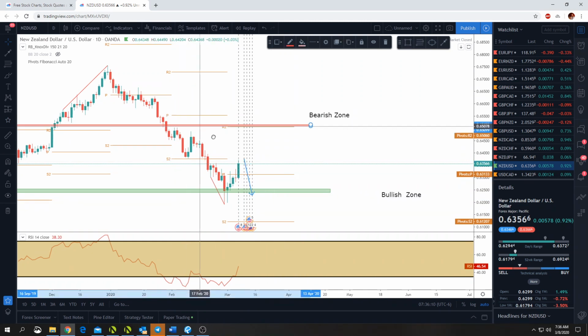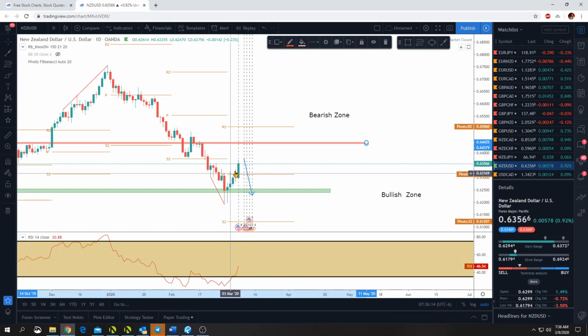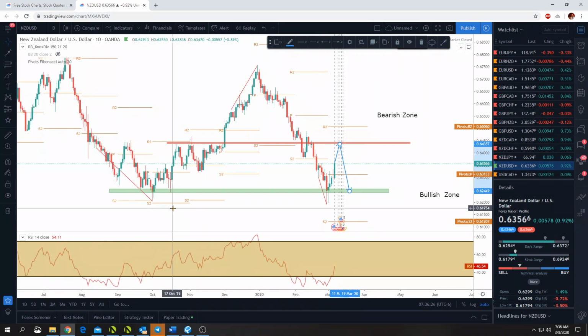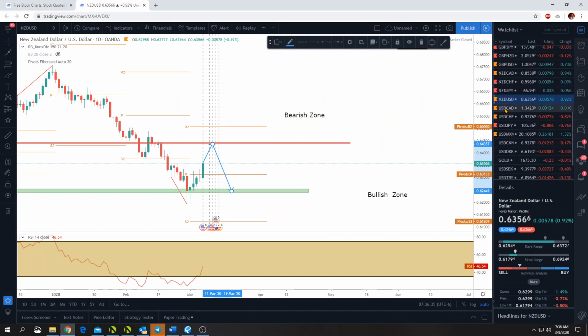So kind of like it here. Price continuing up from here. Let's see what we get at that level. Take that one orange.